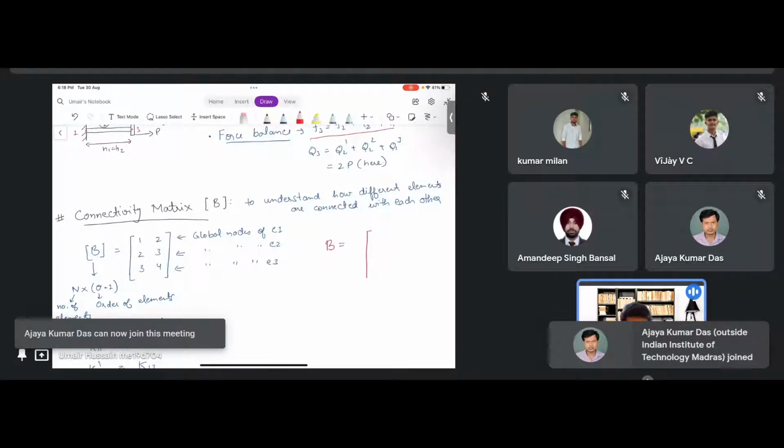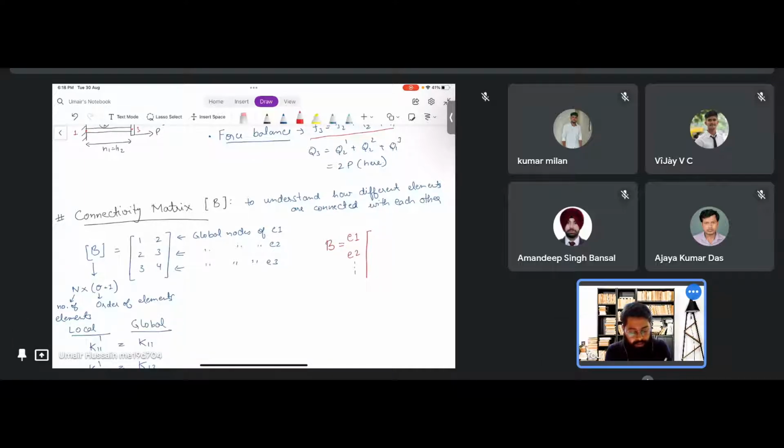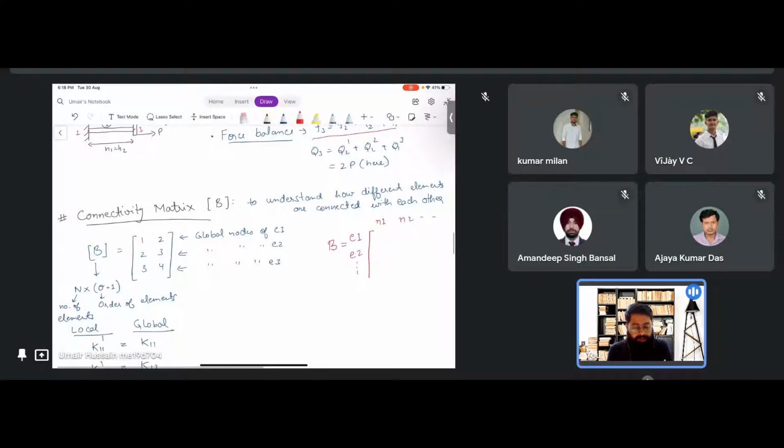Each row in this connectivity matrix represents an element, and each column represents the elemental nodes. So I'll write elemental nodes n1, small n2 like that. The values that we fill inside are the values of the global nodes, so we can connect where the global nodes are meeting the elemental nodes.